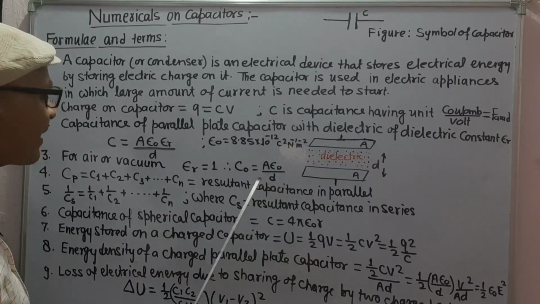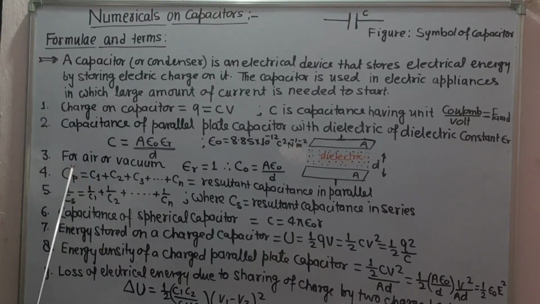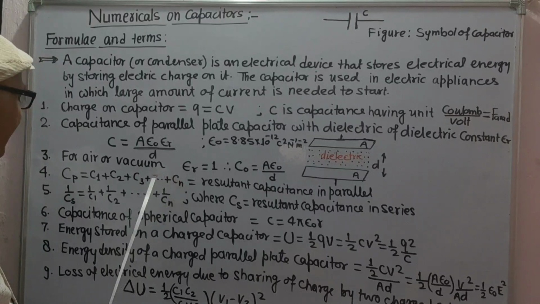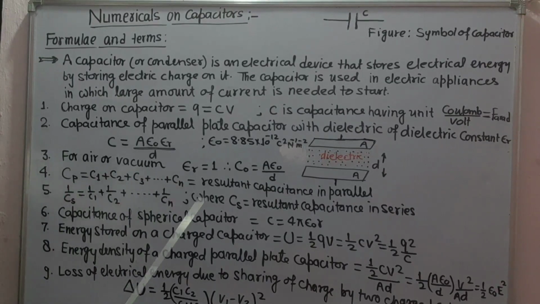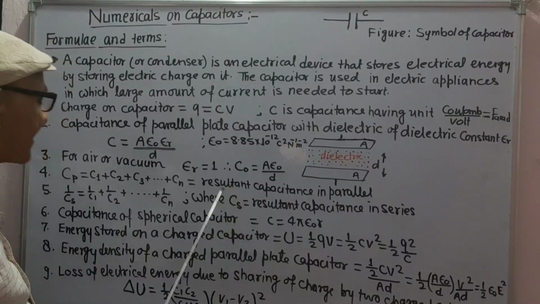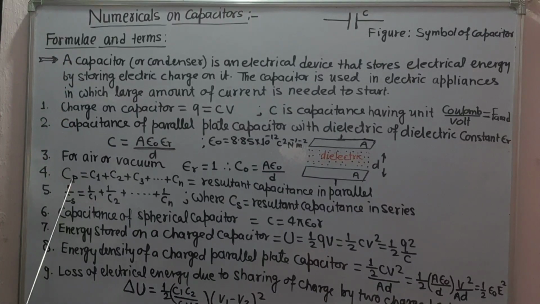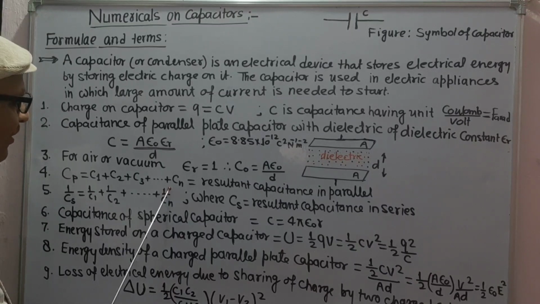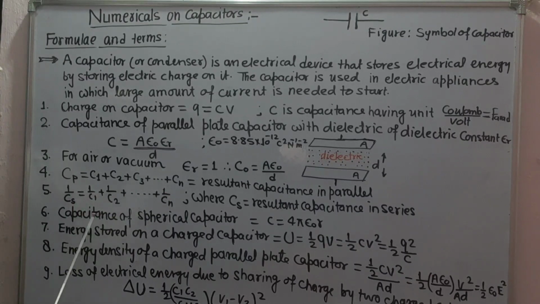In parallel combination of capacitors, resultant Cp is equal to the sum of all the capacitors, whereas in series, resultant Cs is given by the relation 1 upon Cs is equal to 1 upon C1 plus 1 upon C2 plus 1 upon C3 and so on plus 1 upon Cn.